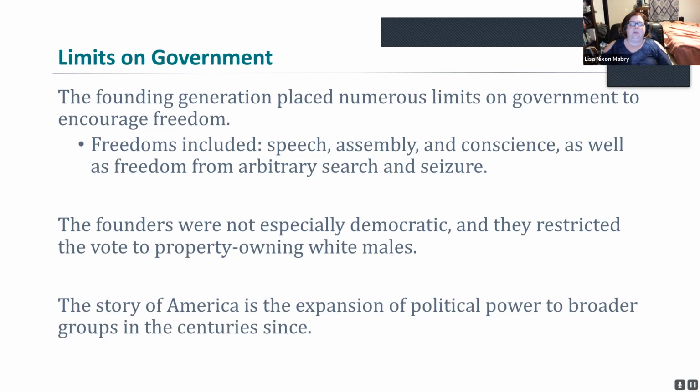So one of the big continual things that you'll see in America's story in our personal timeline is the expansion of the authority to more and more people as time has progressed, right? We steadily go, ooh, yeah, that's not fair.